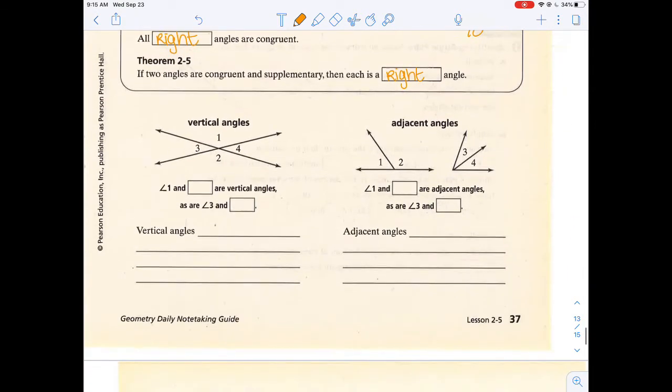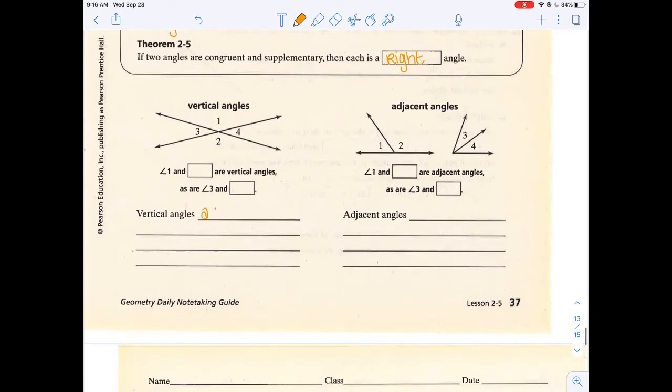Okay, vertical angles. We were talking about these earlier. Vertical angles are two angles whose sides form two pairs of opposite rays.